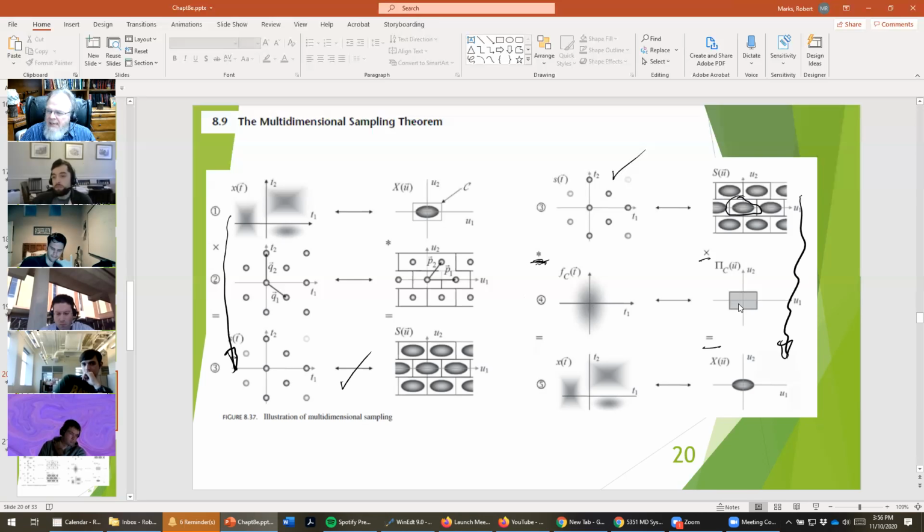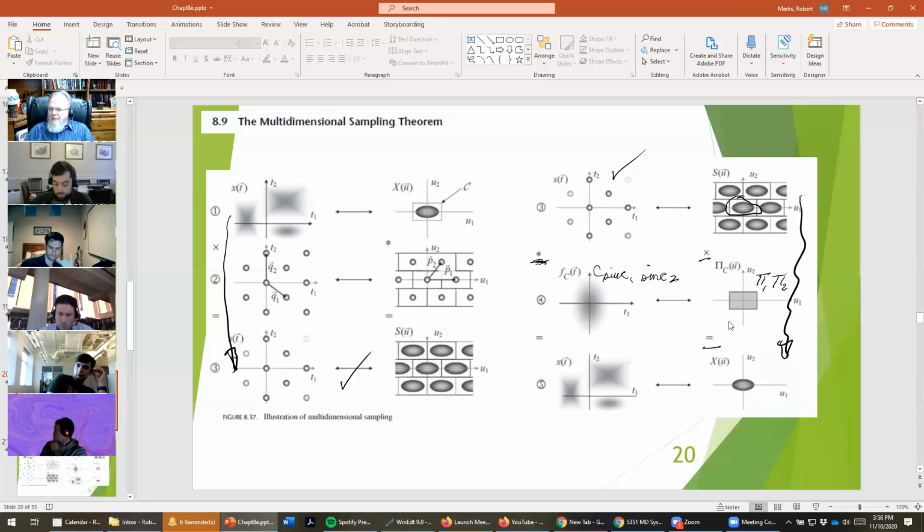In this case, it looks like the inverse Fourier transform is going to be the sinc of T1 times the sinc of T2 with some scaling factors, right? Because this is a pi in the one dimension and a pi in the second dimension, right? It's a separable function. So this is going to be a sinc in the one dimension, sinc in the two dimensions, times some constant out here.